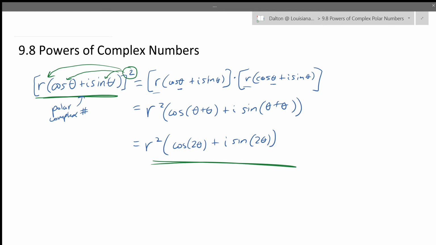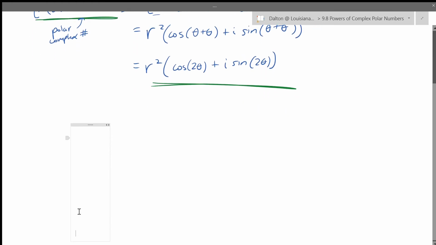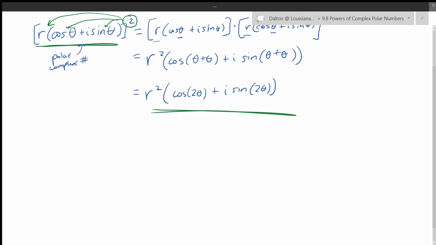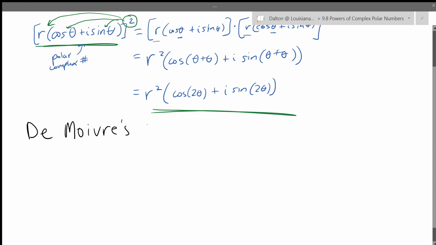So this is a specific example for squaring a complex number. However, we're not going to prove it, but this also works for other powers than 2. That is called De Moivre's theorem, capital D-E, capital M-O-I-V-R-E.